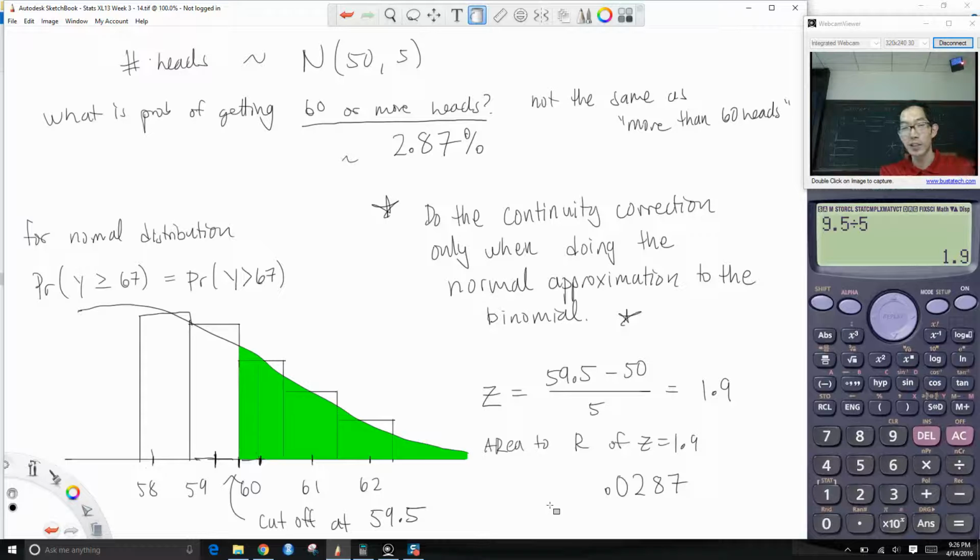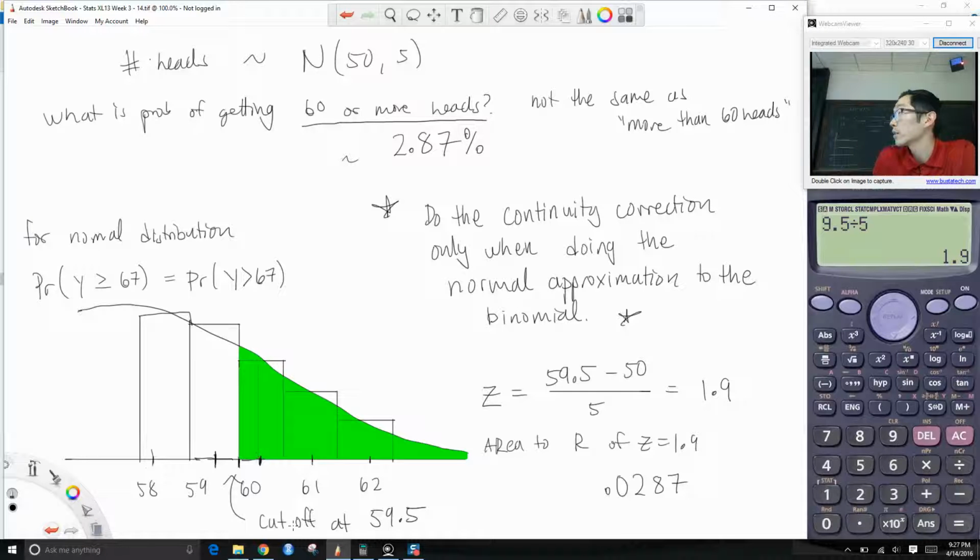Now, the actual answer, if I did binomial 60 plus binomial 61 plus binomial 62 all the way up, would be the bars. But you can see the green area should be very close to the bar area, right? This little triangle should match up with that triangle, and it should add up pretty close, and it does. It'll be off by less than 1%.